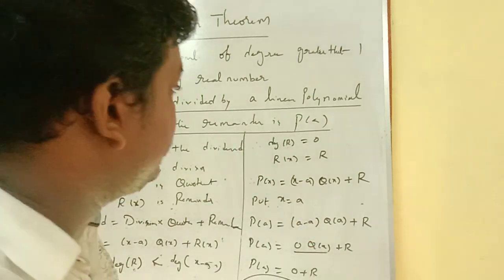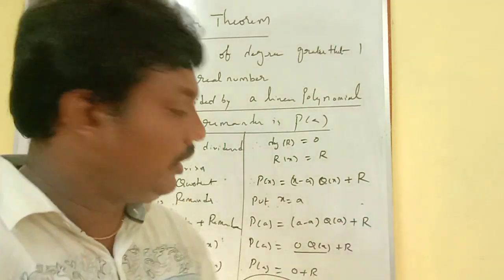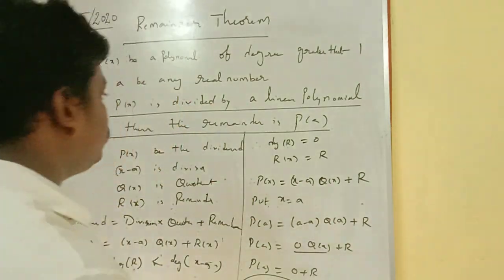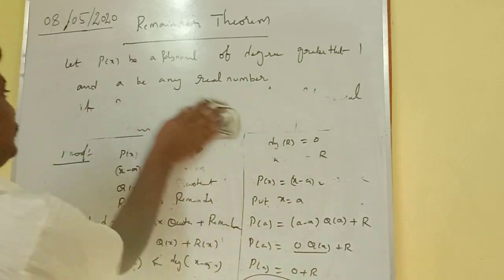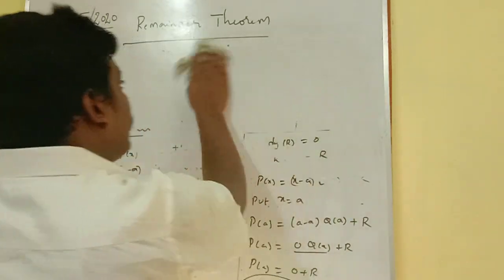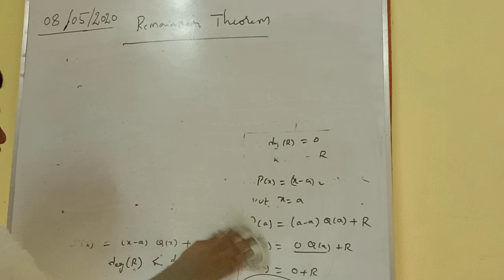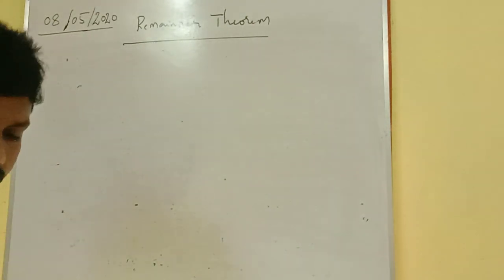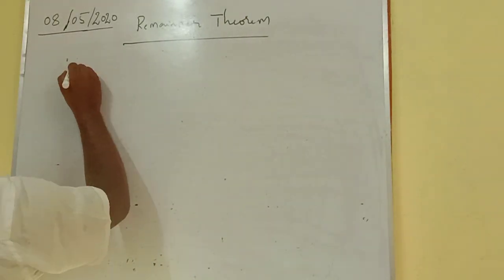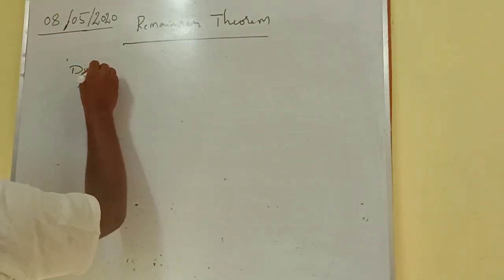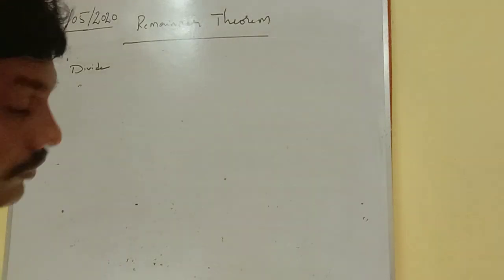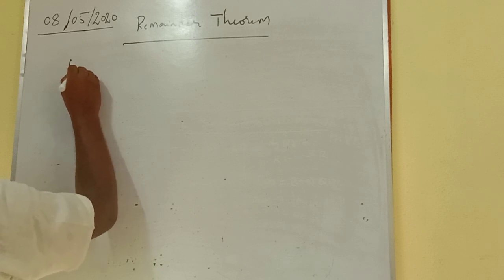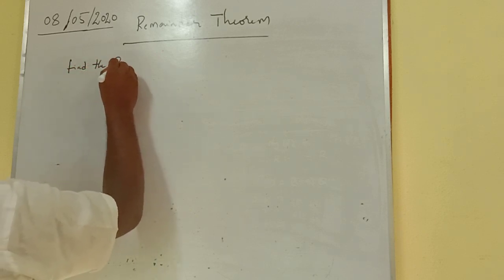Now we are going to see one example, the actual method and this remainder theorem method, how to get the remainder.